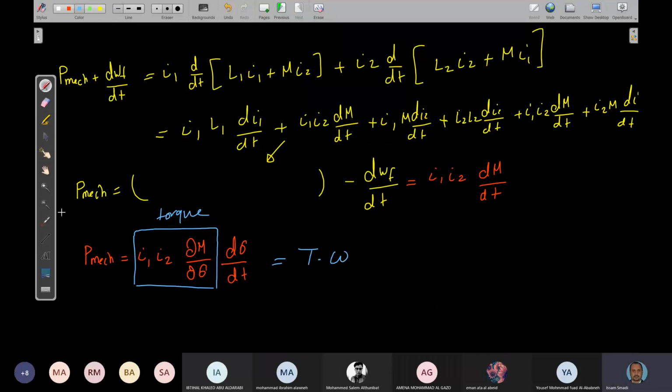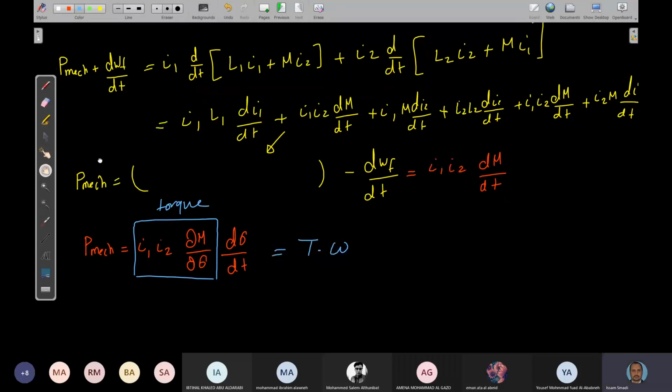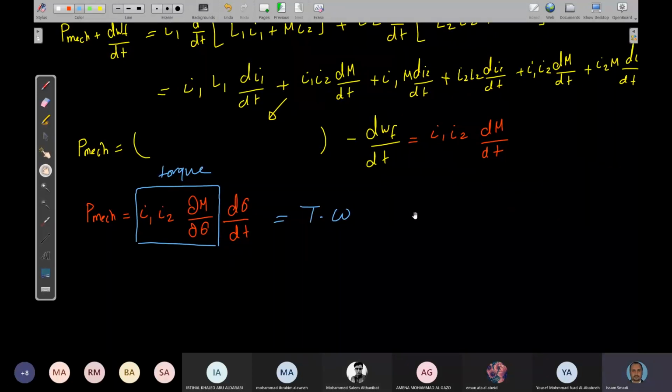Good. So simply, we can represent the mutual inductance M as M max cosine theta r.